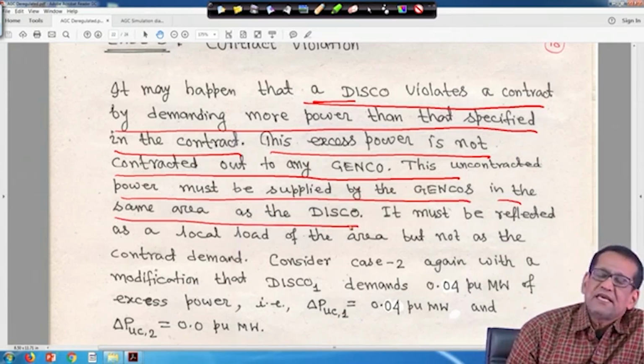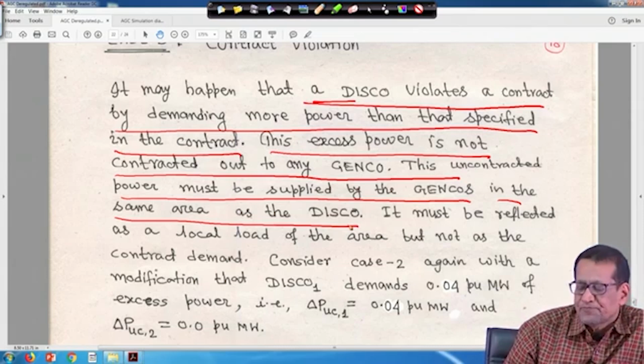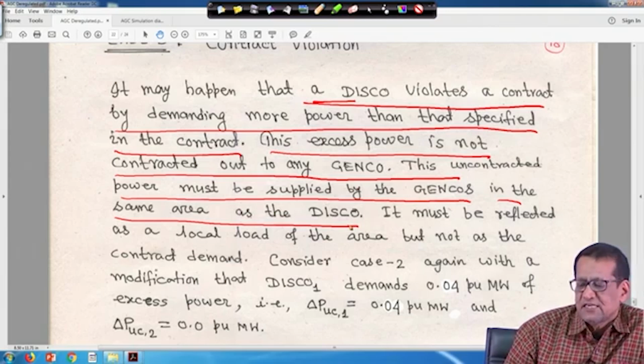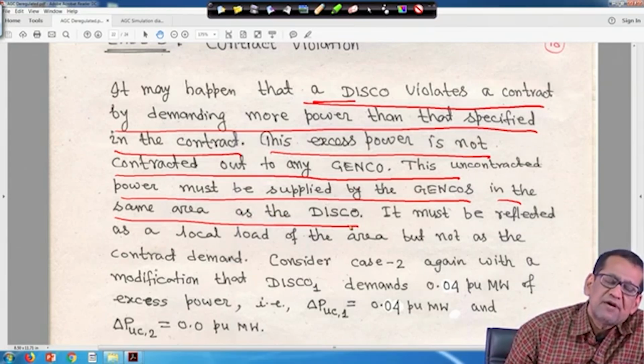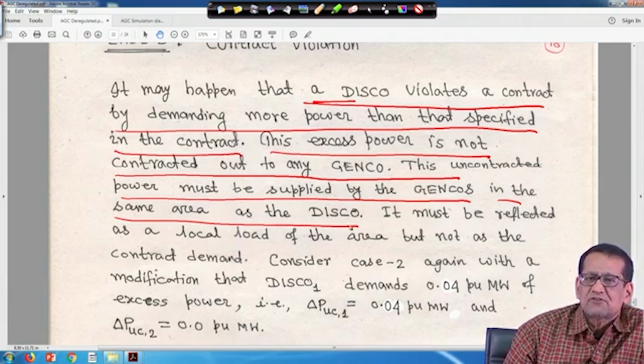That means, suppose in area 1 you have two distribution companies, say DISCO 1 and DISCO 2, and two generation companies GENCO 1 and GENCO 2. Suppose all of a sudden DISCO 1 demands some additional power which was not in the contract, and it is expected that the power demand of the DISCO will be met by the GENCOs in area 1, right.